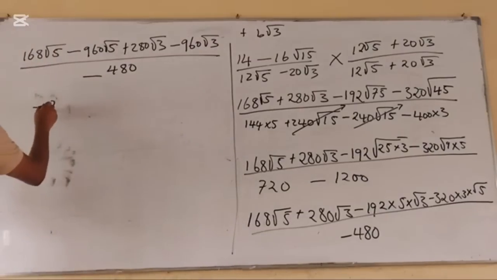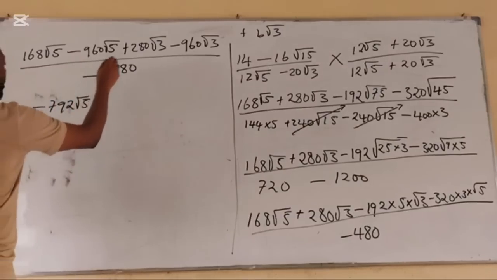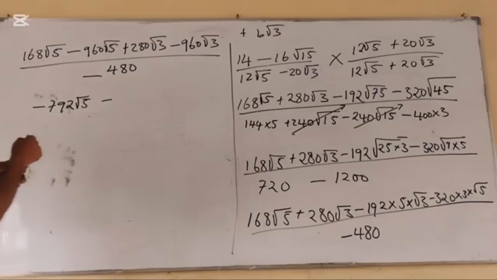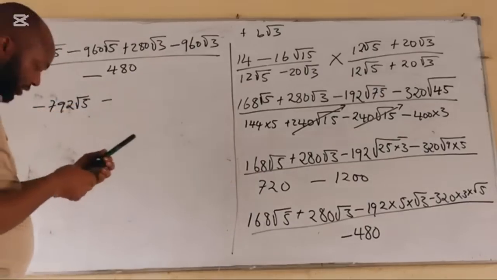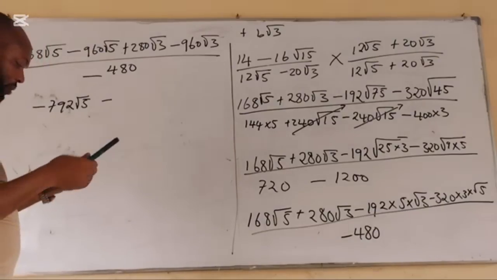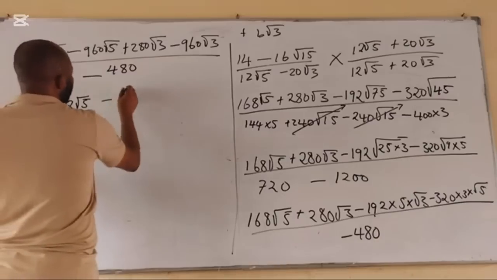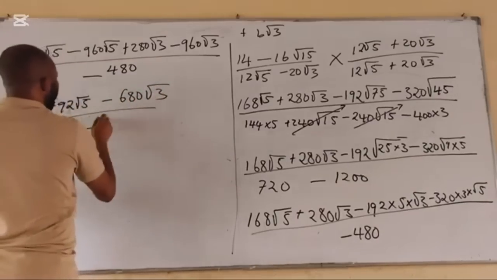This is minus 792 root 5. Minus, because I know it's still going to give us minus, 280 minus 960. 280 minus 960 is minus 680. Minus 680 root 3, all over minus 480.